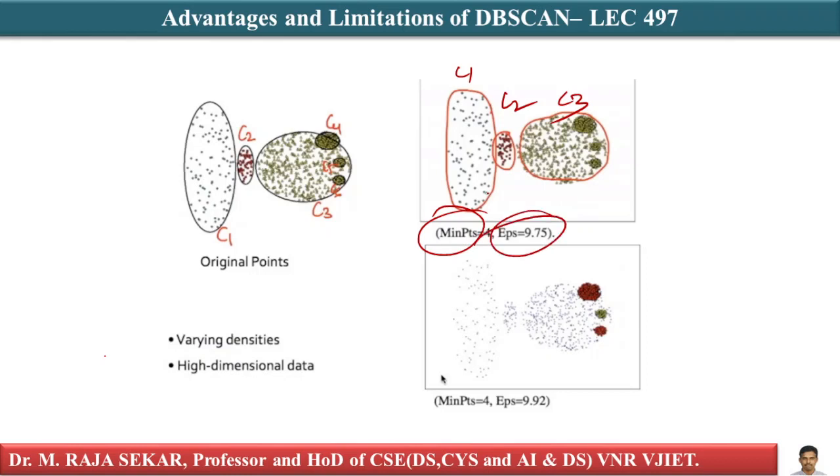All these points are in cluster 1, isn't it? This is C1, this is C2, this is C3, but actually what we are expecting is C1, C2, C3, C4, C5, like this.